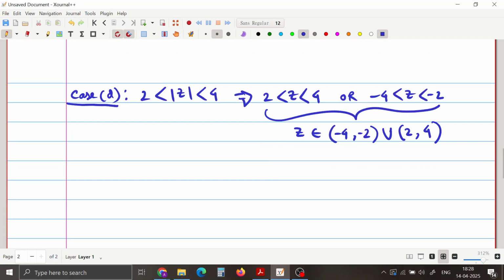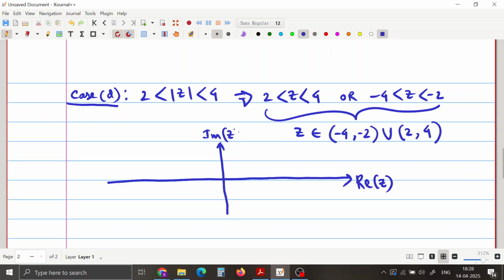Let's plot it in the Z plane. Real part of Z, the imaginary axis, imaginary part of Z. Okay. Initially we had the poles here, one at +3, another at -4. So now we shall plot the ROC.